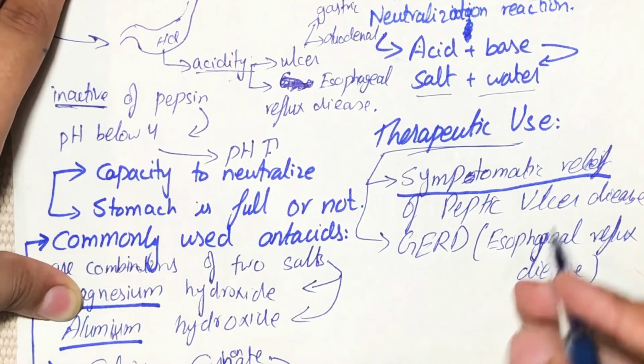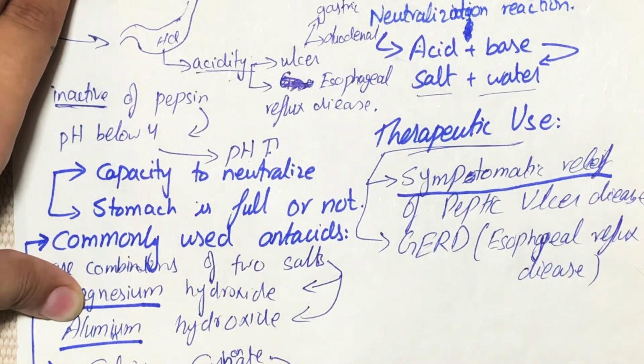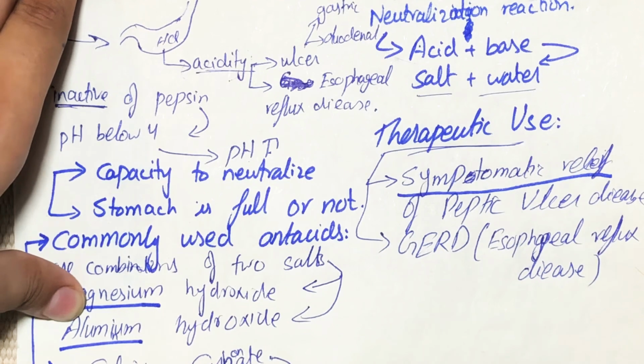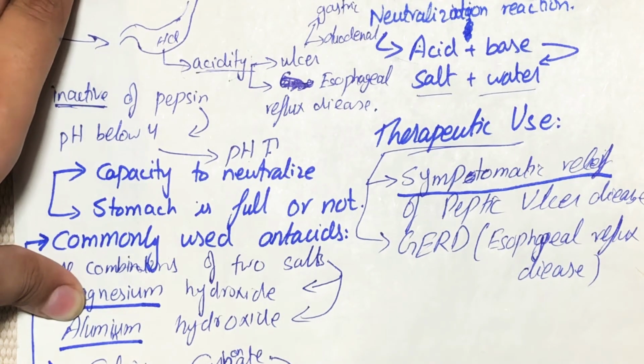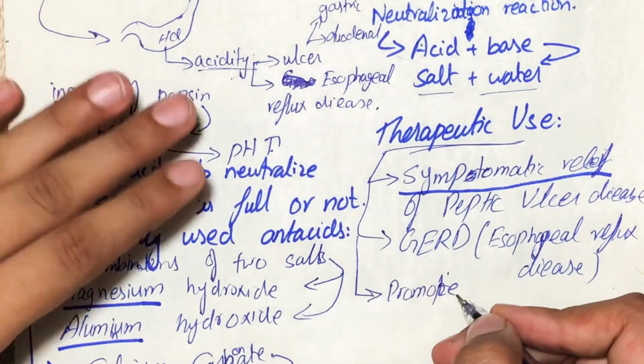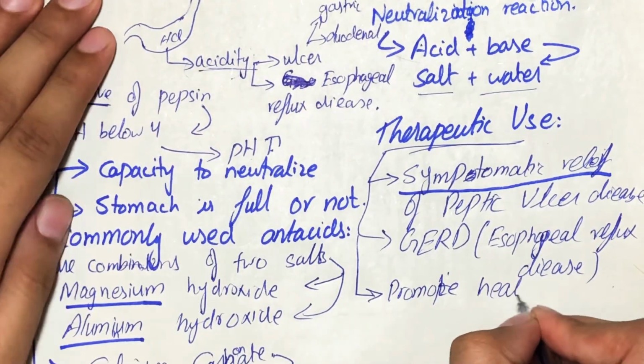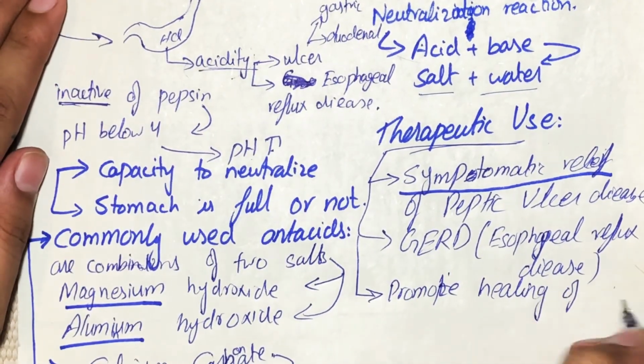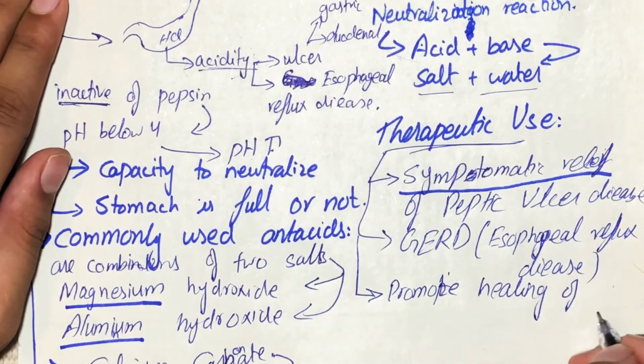So this class of drug, that is antacid, only gives you relief from your symptoms rather than the reason or the etiology of that disease. Another thing is that it also promotes healing of duodenal ulcer.